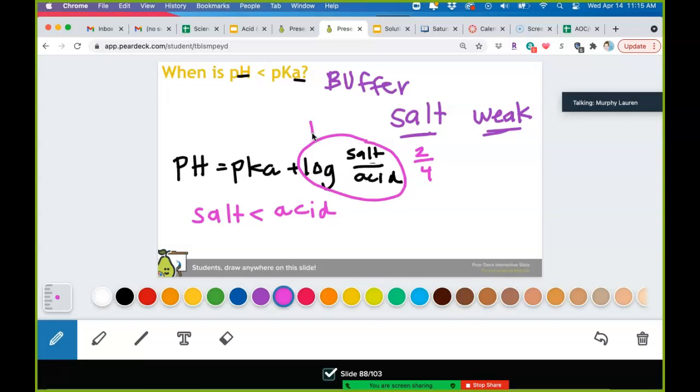This term, though, comes out to be negative. So if it's negative and you add it to pKa, pH drops. So this is when pH is less than pKa. When you have less salt in your buffer than you do acid. Salt or conjugate, you can call them the same, okay?